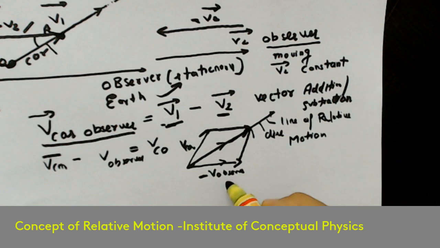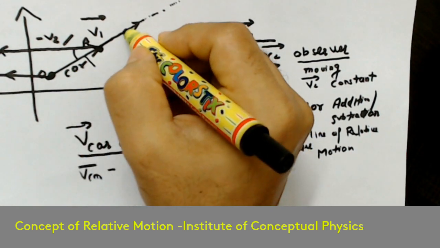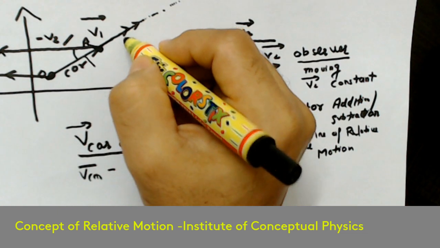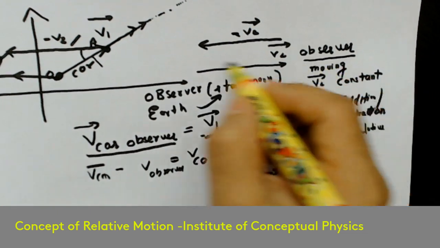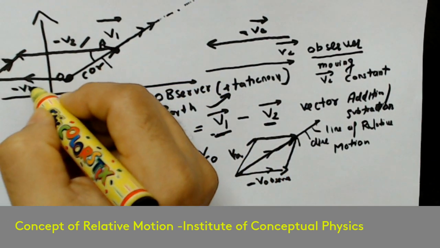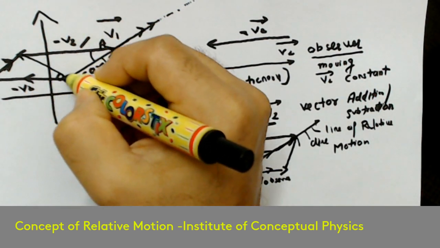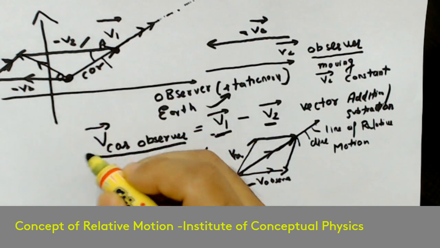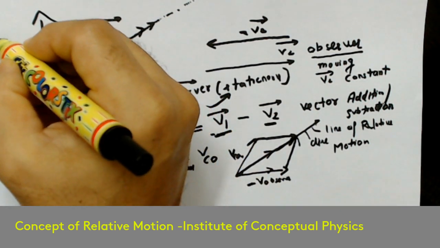So we can say when the observer is looking at the car, it will not go in the previous direction. When the observer was stationary, the car was moving in this direction. But when the observer has also acquired a velocity v2, the resultant vector of minus v2 and this, which is likely to be this diagonal, for example, the car will appear to go in this direction, right?